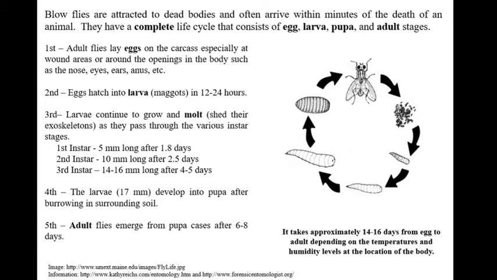Now, these blowflies have a complete life cycle. It starts from eggs and advances to the larval stages, that is first instar, second instar, third instar, and likewise. Then it forms a pupal structure or pupal case, a hard covering is formed, and after that the adult fly is formed.